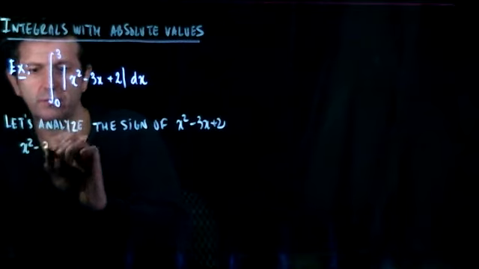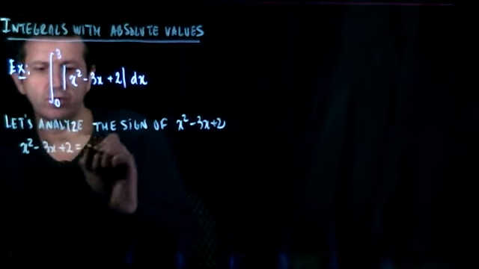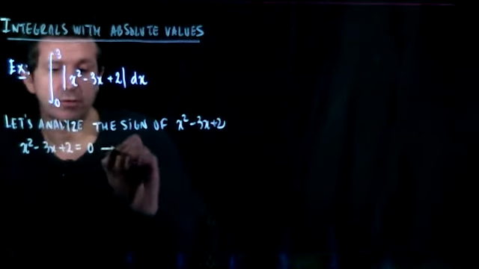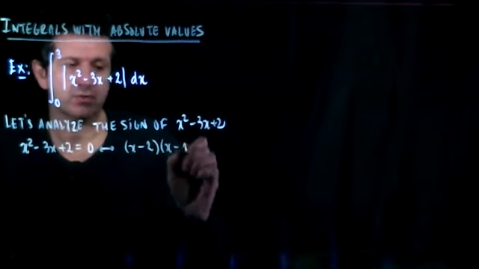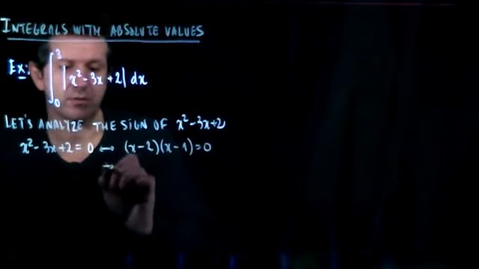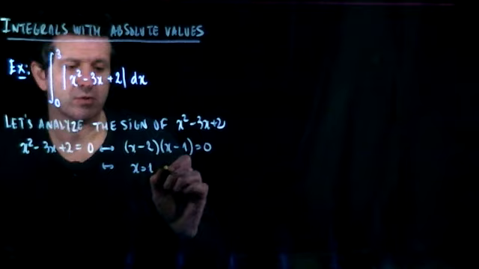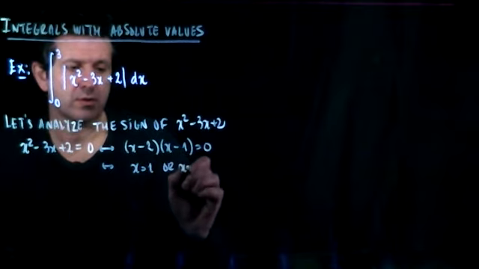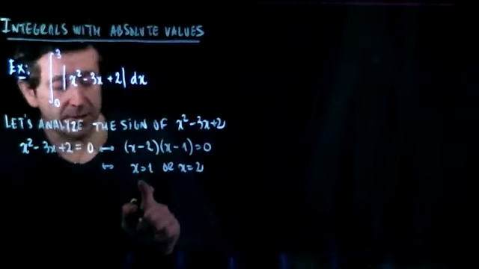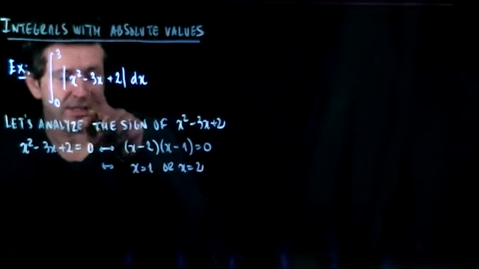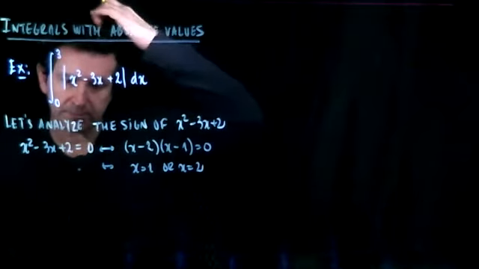So x^2 minus 3x plus 2 is equal to 0 if and only if, factoring, (x minus 2)(x minus 1) is equal to 0, if and only if x is 1 or x is 2. This is when what's inside the absolute value becomes 0.